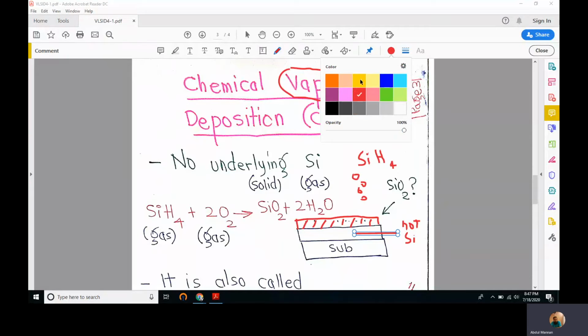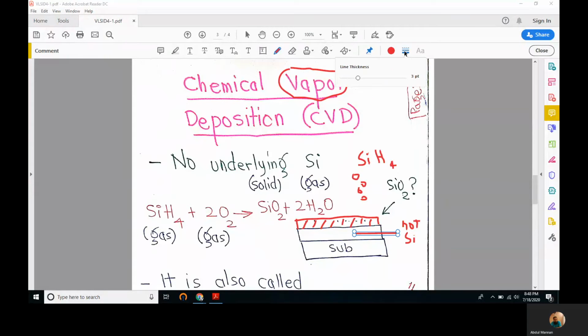Maybe we can use a different shape for those, maybe these triangular shapes. These triangular shape atoms are of oxygen.